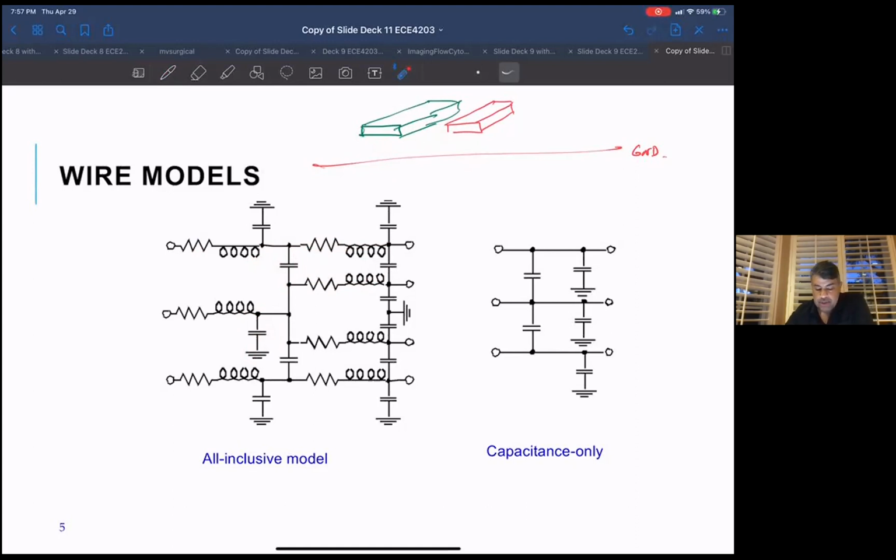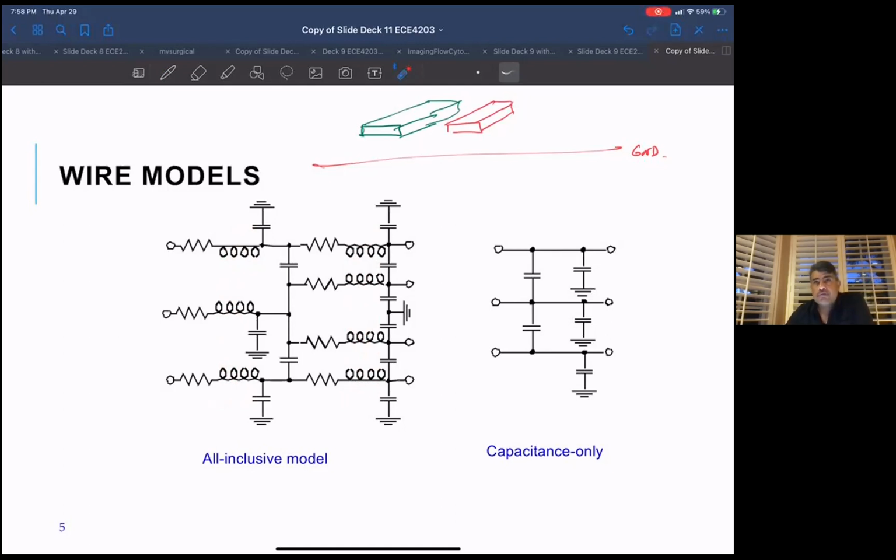Okay. A lot of the time, in fact most of the time and on most of the lines, you can really ignore the inductances on chip. At the distances we're talking about, and the frequencies we're talking about, which can be very fast, 2 gigahertz, 5 gigahertz, et cetera.